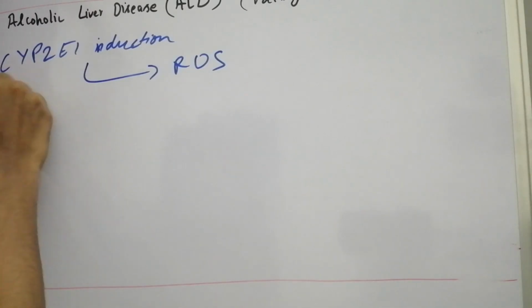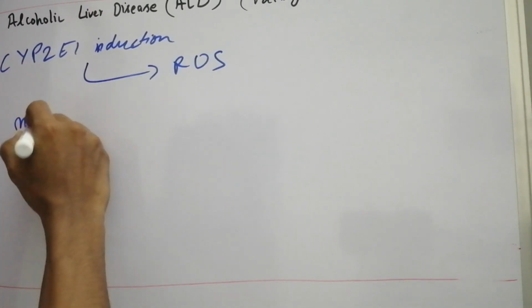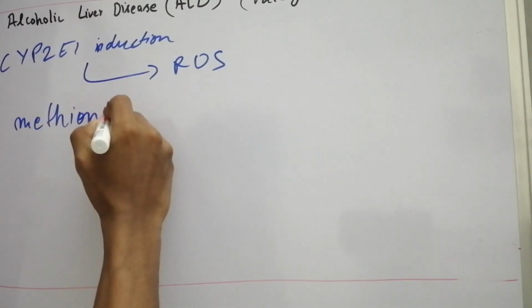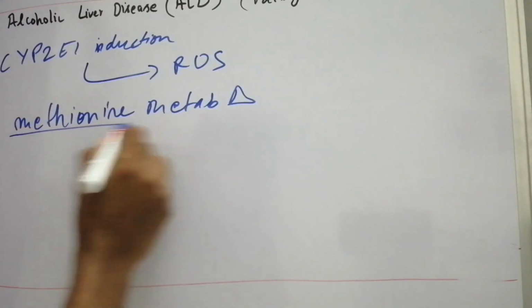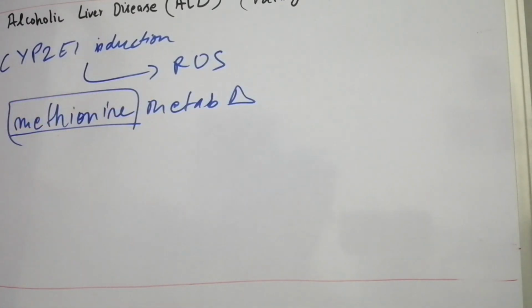Next is methionine metabolism. The alcohol is going to impair your hepatic metabolism of methionine. Since there are already too much lipids there, your methionine is going to be left over by the liver.